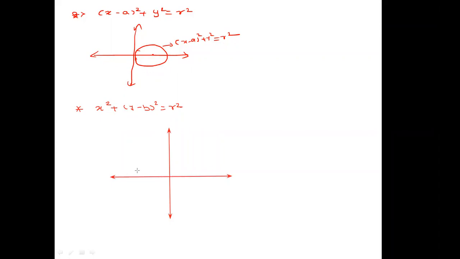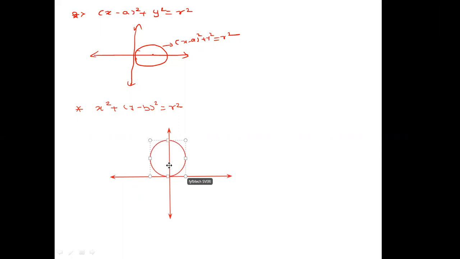So where is this present? On this point, your x coordinate is absent. Am I right or wrong? It is present on one axis, like this.